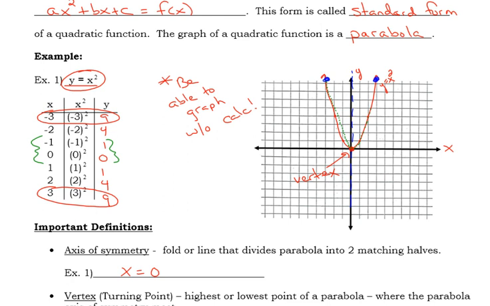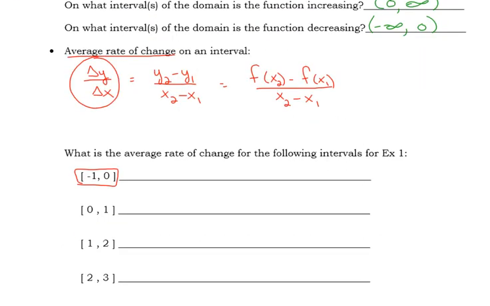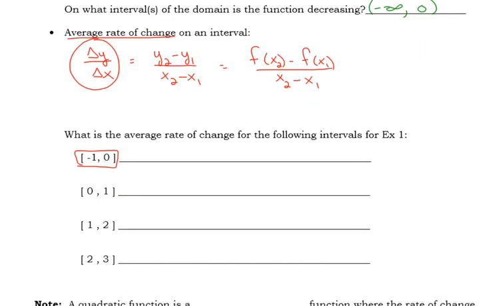So if I look at the change in y goes from 1 to 0, and x's go from -1 to 0. y2 minus y1 over x2 minus x1. 1 minus 0 is 1. -1 minus 0 is -1. So my average rate of change between -1 and 0 is -1.